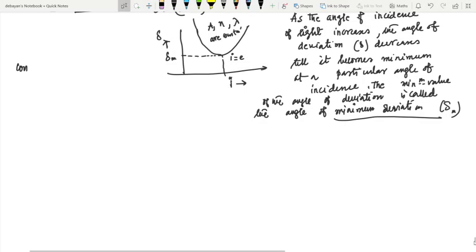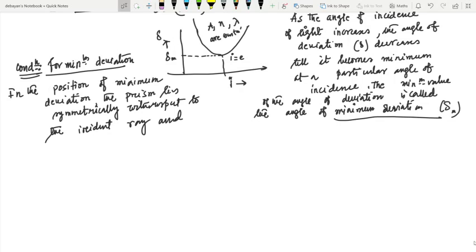So if we consider the condition for minimum deviation, it will be written like this: in the position of minimum deviation, the prism lies symmetrically with respect to the incident ray and emergent ray.